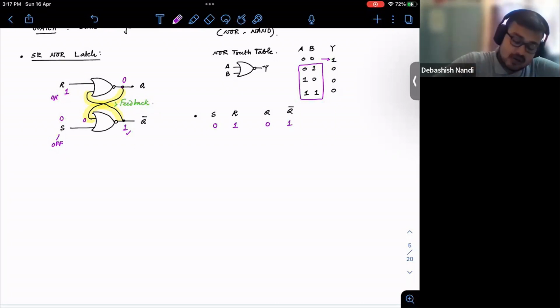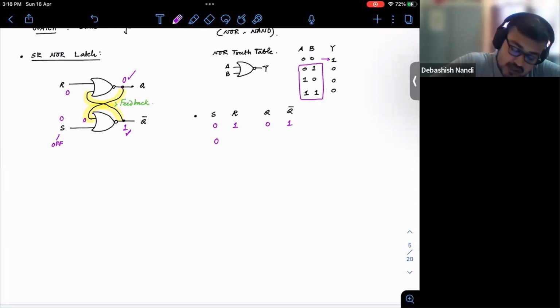Okay. Now suppose you just switch it off. Okay. You make it 0. What will happen? If you make it 0, you see you had 1 here. So 1 and 0 will become 0. So 0 will remain, right?